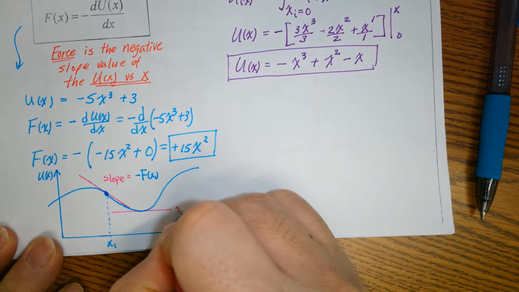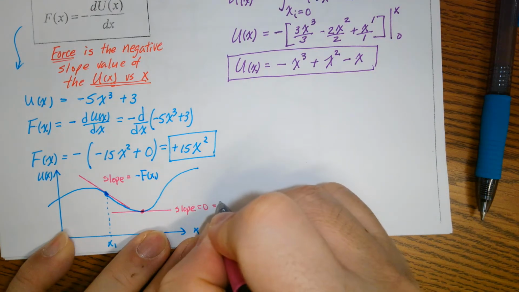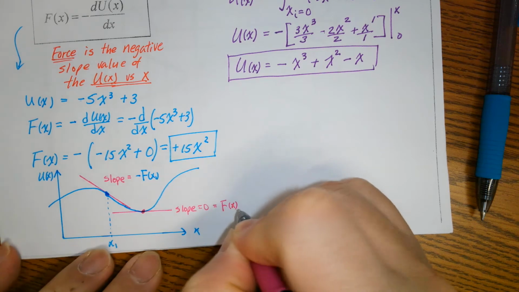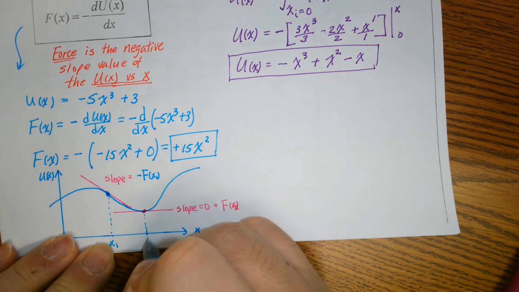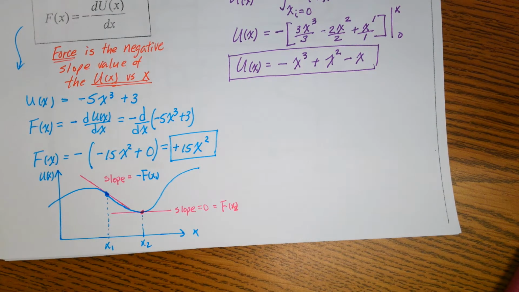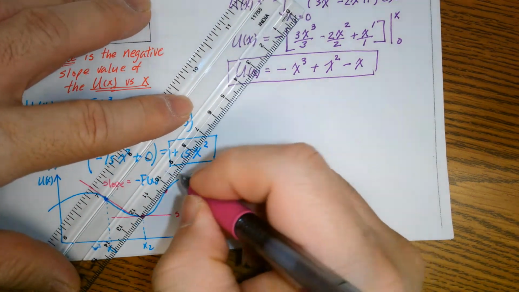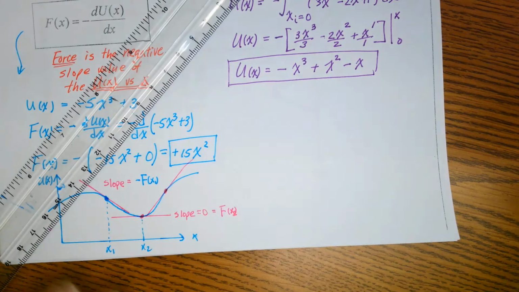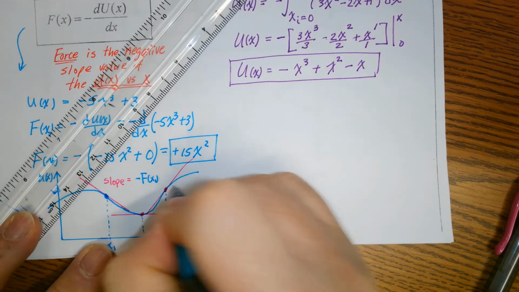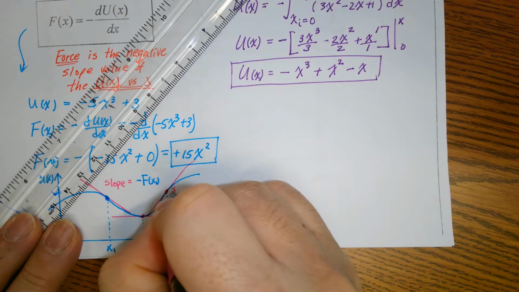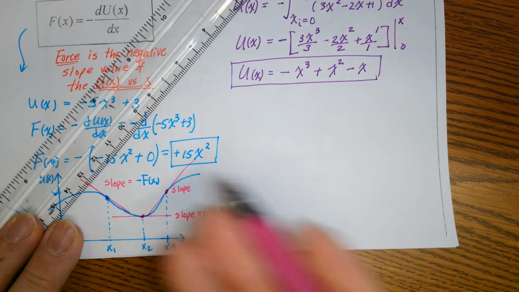If I want to make it x2, and here I want to find the slope value at this point, x3, and since this slope here is positive, you're going to get a negative force.